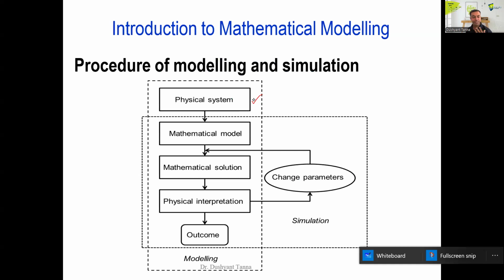So there were similar physical systems, practical or real life situations, and then we convert that into mathematical equations, a mathematical model, and then solve it using mathematical tools. And if the solution doesn't make sense, we convert it back into the real world, or wording that an end user can understand.